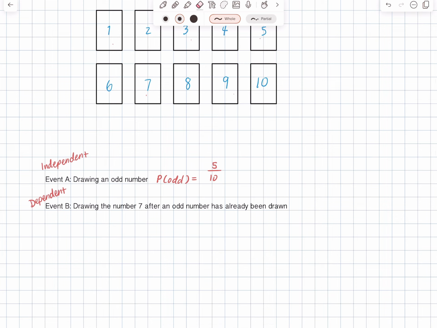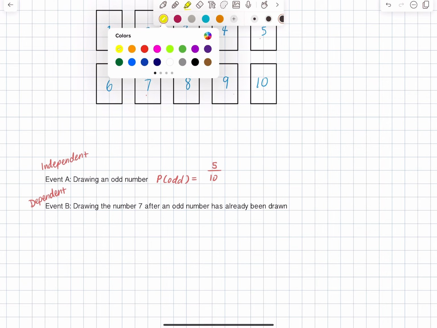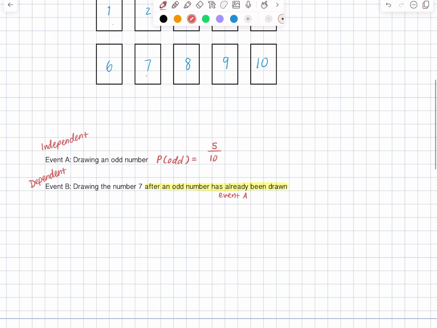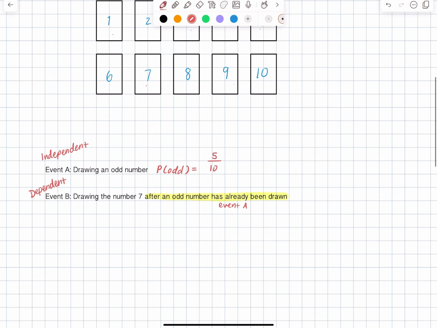So event B says drawing the number 7 after an odd number has already been drawn. What we notice here is that this "after an odd number has already been drawn" is event A. So if you have part of the previous event in your next event, that means it's dependent.